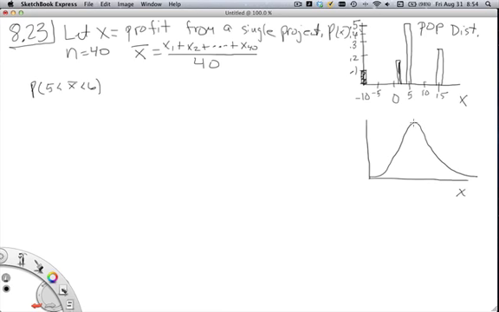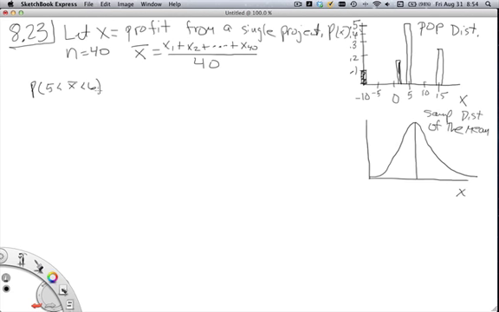And it's going to have some mean that we're going to have to find and some standard deviation. So this is the sampling distribution of the mean. Now the question is, what does this mean? What is the standard deviation of this? Because if I know the mean and the standard deviation, then I can go do what I usually do to this.